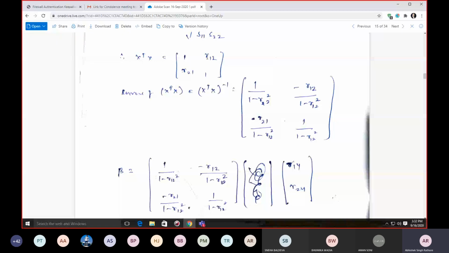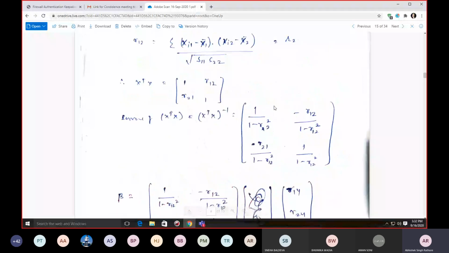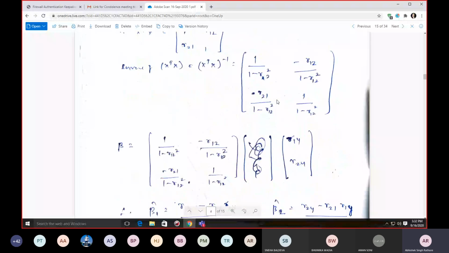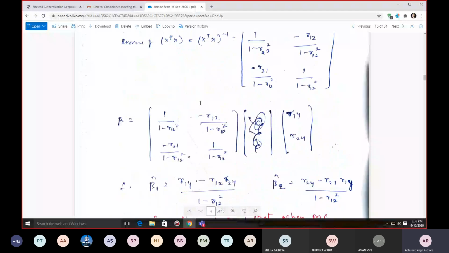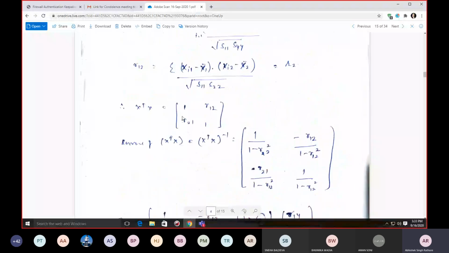We are not swapping all these values, we are just putting the minus sign over here. So this is my r12 and this is my negative of r21. So this is how we get the inverse of this matrix, the simple solution. Otherwise you can identify the formula and apply it for the inverse. So this is my x transpose x inverse.